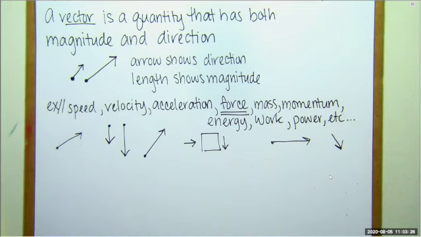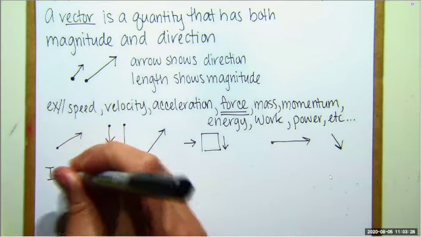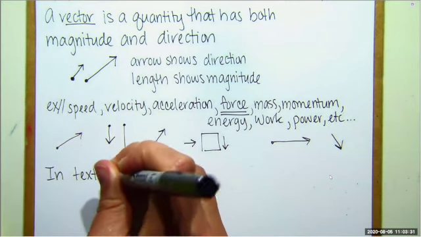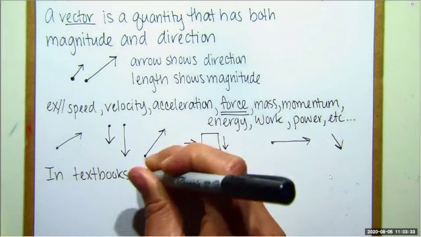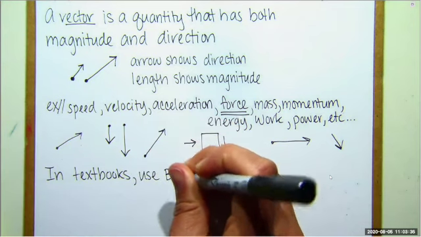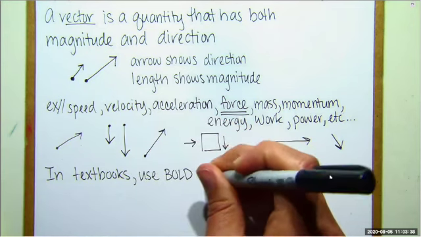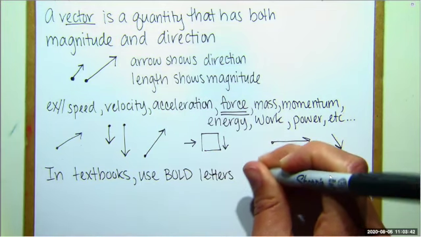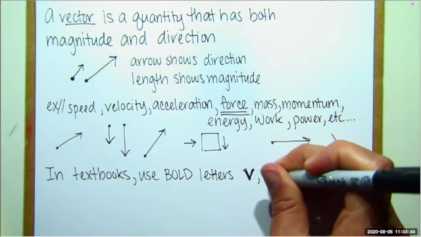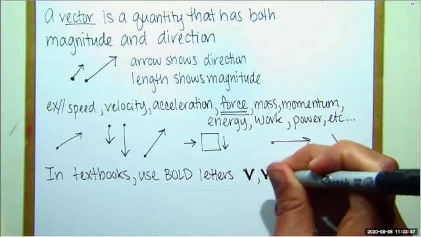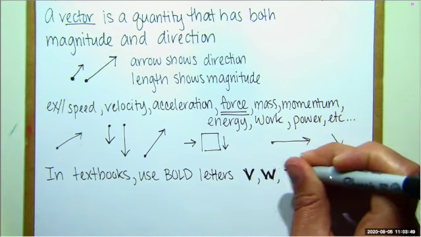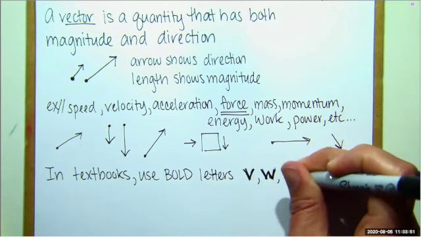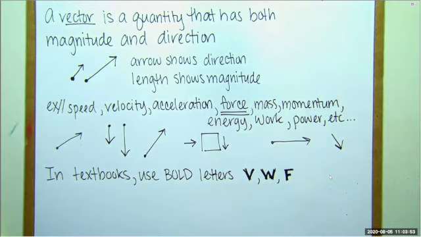So in textbooks, we use bold letters to represent vectors. You'll see a bold V for a vector, you might see a bold W for a second vector, and if it's a force, you might see a bold letter F. But in handwriting, it's really cumbersome to write bold letters over and over again.